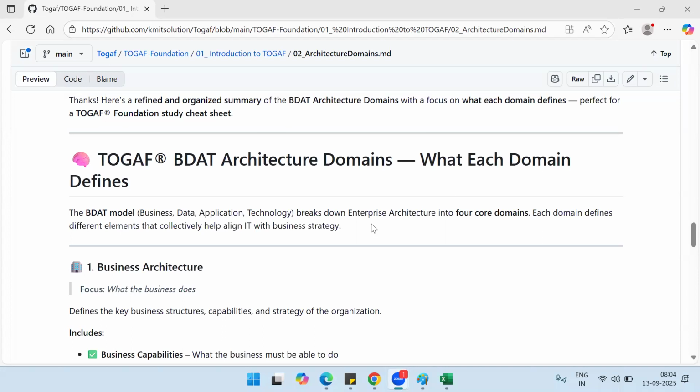How will the data be stored? What are the data assets? What are the data management resources? Then okay, we will design this application. So actually, you are defining a scope of your system with these domains.